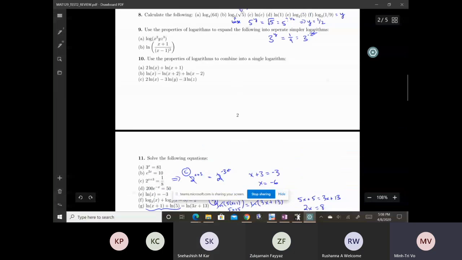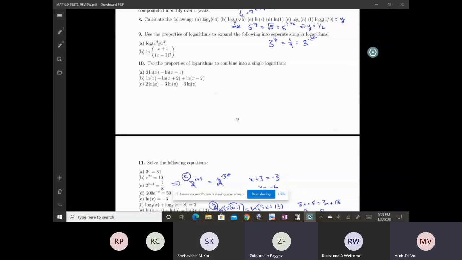Here we have subtraction, and subtraction turns into division. And then there's also multiplication: this 2 is multiplying the log here, this 3 is multiplying the log here, and this 3 is multiplying the log here.